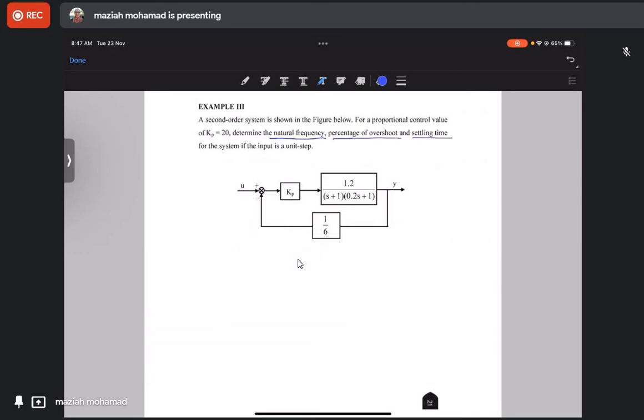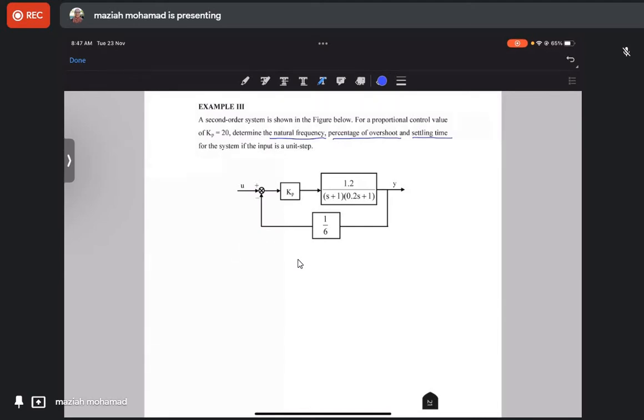In order to calculate MP and settling time, we will require the value of zeta and omega n. So having a block diagram like this, how can we determine the value of K, zeta, and omega n?